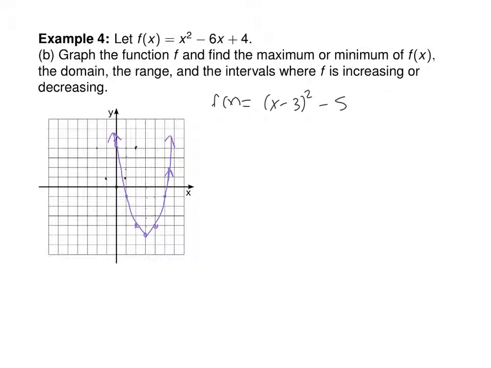Okay, so does this function have a maximum? No, none. Does it have a minimum? -5. So let's give the location 3, -5, although -5 actually is the value of the minimum. The domain, the range: the lowest value, and you actually hit it, so square bracket up to infinity.